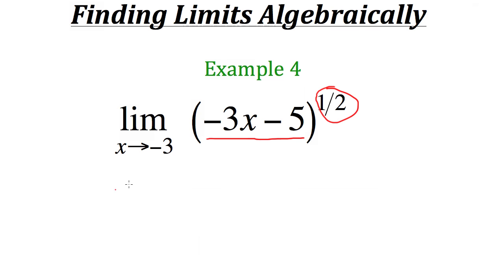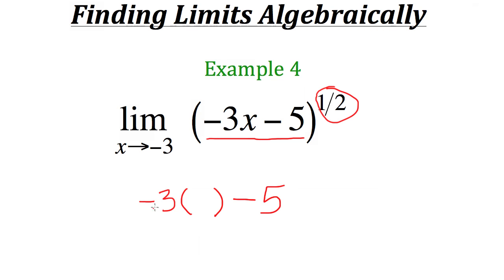So let's first start off by finding the limit of this quantity of negative 3x minus 5. Now again, the way that we would do this is similar to our previous example, finding the limit of each individual term and then combining them together.